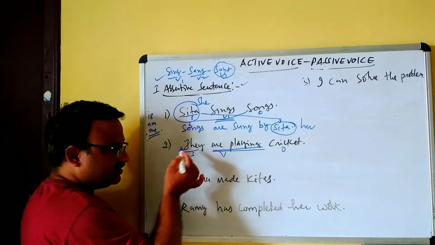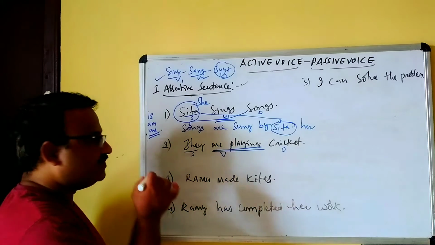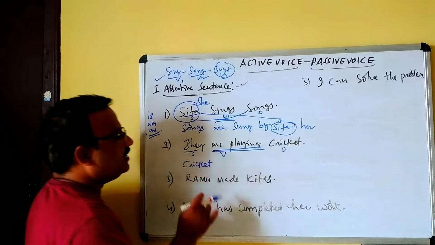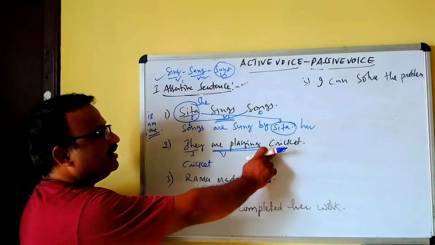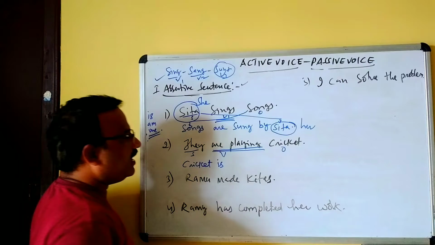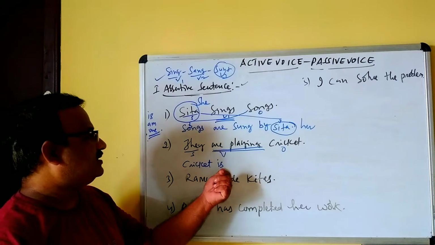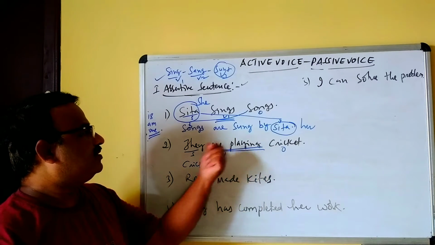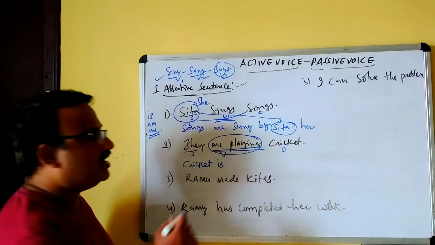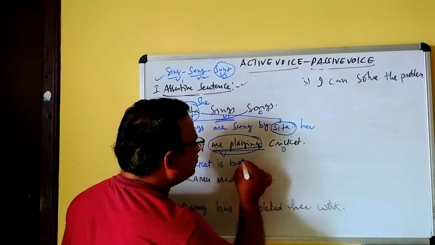The object of this active voice will become subject of the passive voice. Cricket, it is singular. So, is. And here, continuous tense, the be form will be is being.